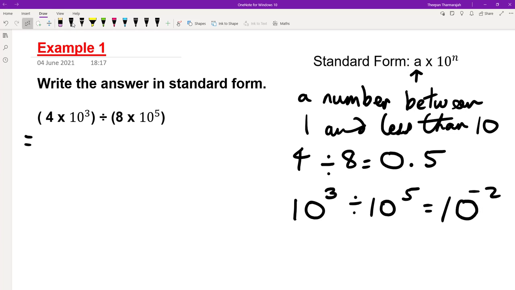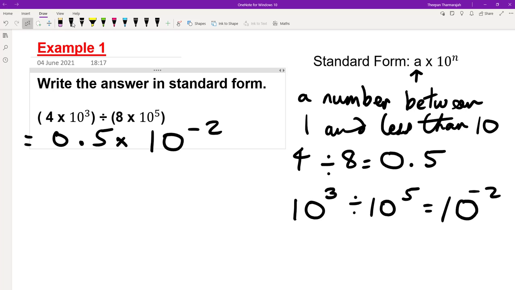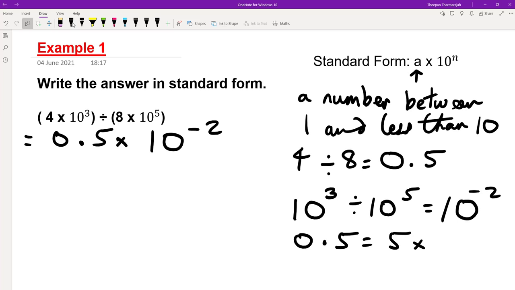So we can write 0.5 times 10 to the power of minus 2, but 0.5 is not in standard form, so we could write that in standard form by saying that's the same as 5 times 10 to the power of minus 1. Why is that?